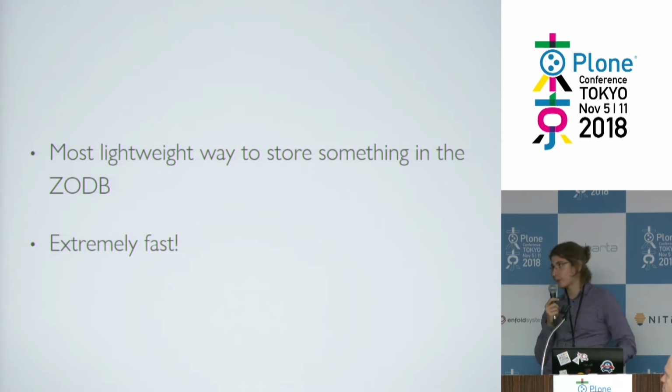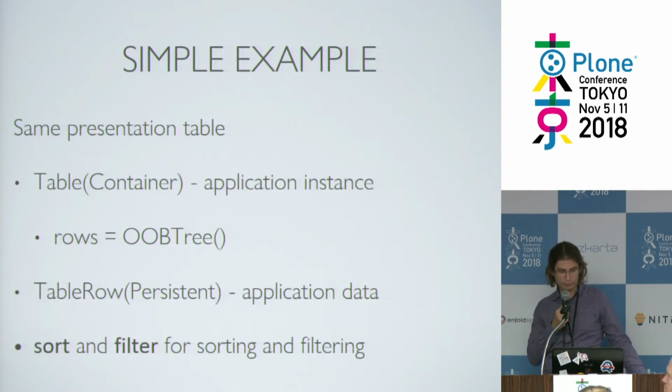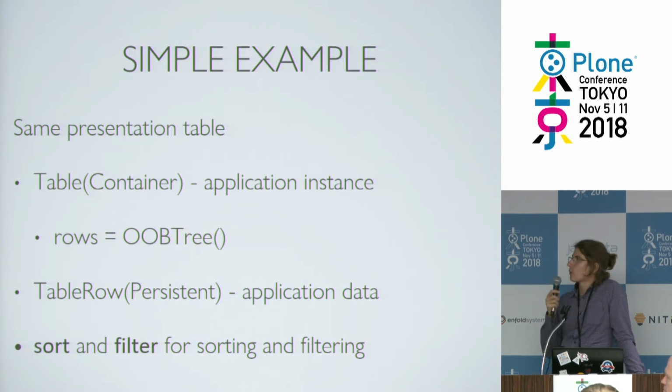And the thing is that persistent objects are really, really fast because they're really close to the basic Python object classes. So in our example use case, the table will still be a dexterity container because we would use that to interact with Plone and be able to add the application and set up views and even launch events for other stuff.